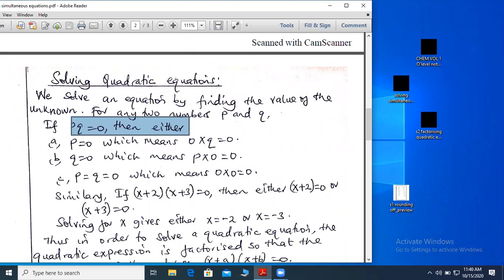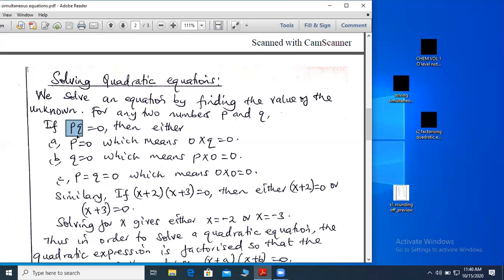It's because any number, when it is multiplied by 0, the answer is 0. So if we multiply p times q and we get the answer as 0, it means one of those numbers is equal to 0, or all those numbers are equal to 0. That is the only condition that we can have there.